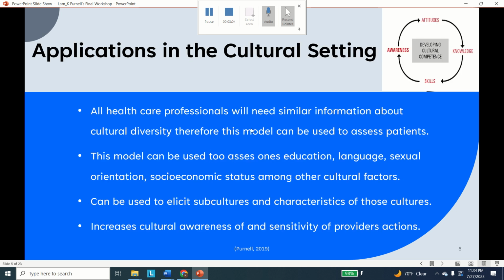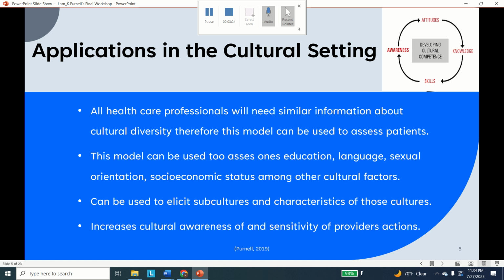So, applications within the cultural setting. All healthcare professionals will need similar information about cultural diversity, and therefore this model could be used to assess the patient. This model can be used to assess one's education, language, sexual orientation, socioeconomic status, among other cultural factors.